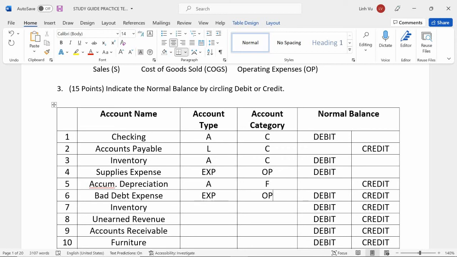This is a loss during the operations of the current accounting period. Whether you do it monthly or at the end of the year, it's a lump sum of money that is uncollectible. So when you claim it and take a loss, it's for that current operating accounting period.